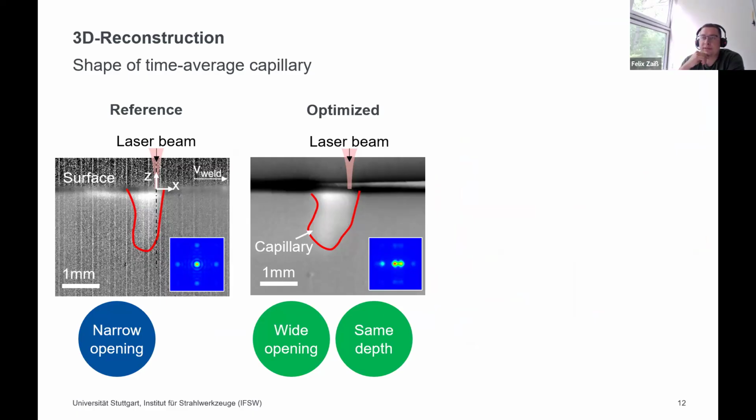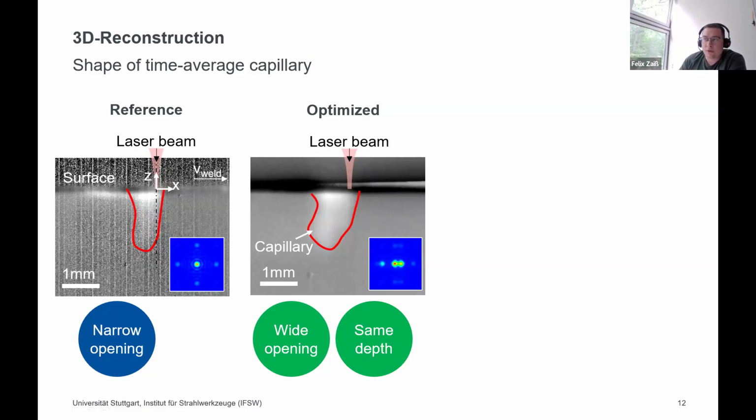And we can even see here greatly the influence of the beam shape. On the left, it's quite narrow capillary opening compared to the optimized beam shape, which is more stretched in the welding direction, which is to the right.